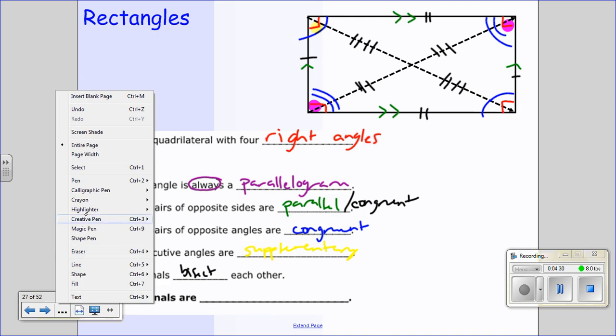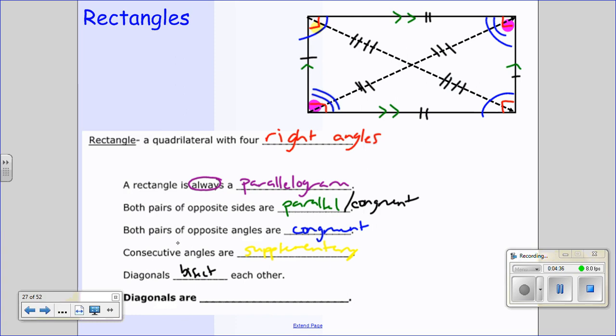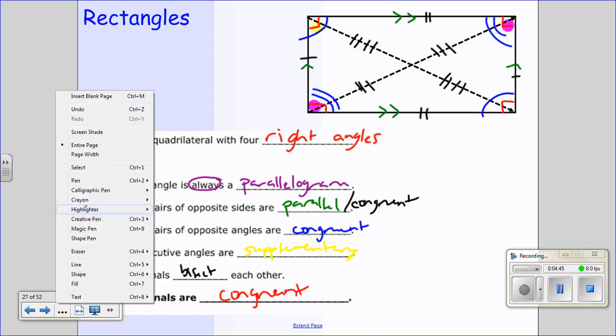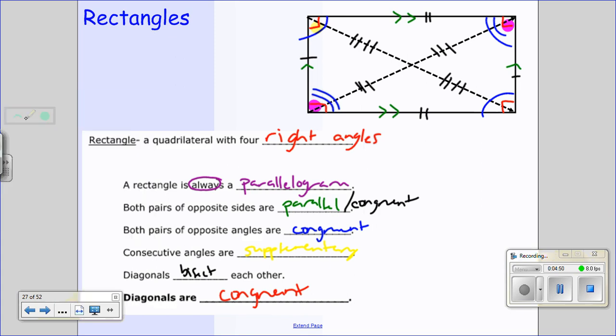But the last line is special to rectangles only, so we're going to highlight this line when we're done writing on it. But you need to know that the diagonals are congruent. So this last line or statement, again, is special to rectangles only. So rectangles' diagonals are congruent.